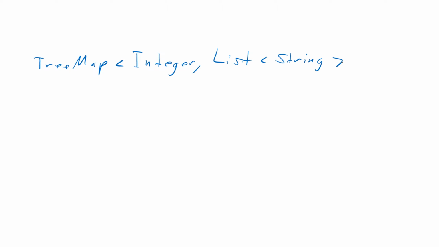So the basic data structure of our solution is going to be a tree map of an integer to a list of strings. Integer, the reason we have to use an integer is because our keys have to be comparable.